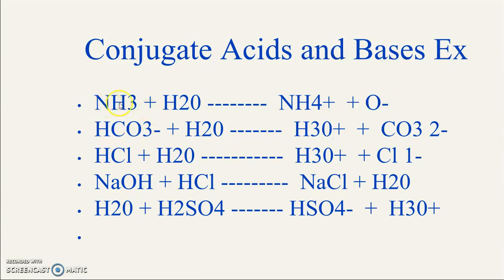Like in this example, NH3 becomes NH4+, so it gains a hydrogen. That means it's a base on this side, it's a conjugate acid on this side. The H2O becomes OH-, so it loses a hydrogen, so that's my acid on this side, that's my conjugate base on this side. Go ahead and try these practice problems, and we'll work them out in class.